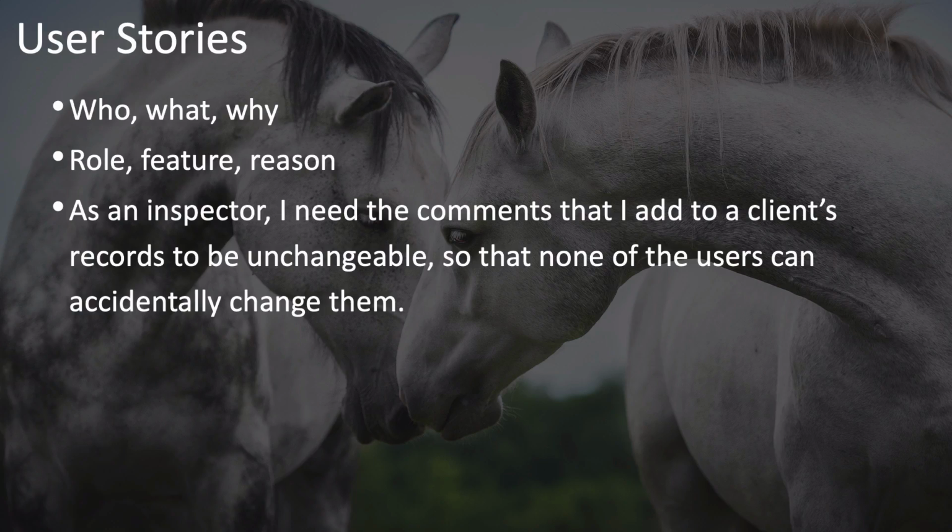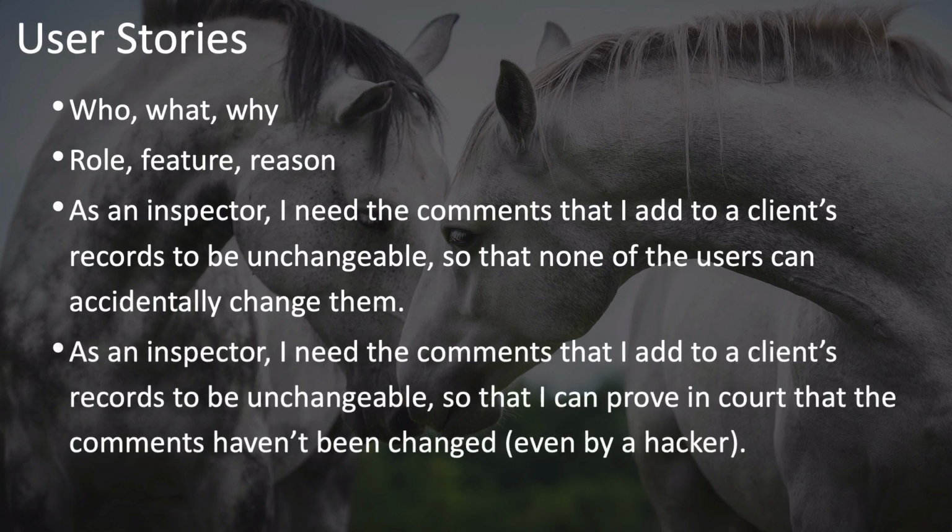On the other hand, suppose the reason for the feature was different. Suppose it were so that I can prove in court that the comments haven't been changed. It requires a lot more work to protect records from being changed even by someone who breaks into the system's database to change the data.